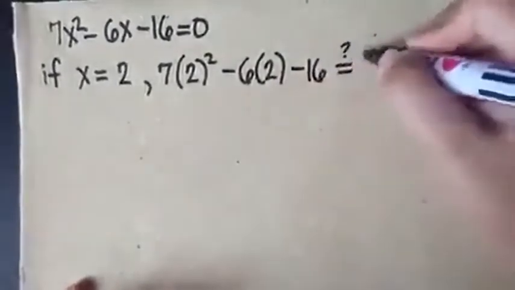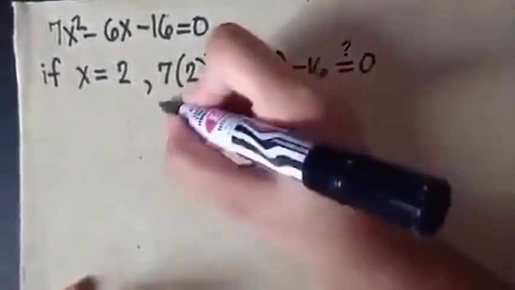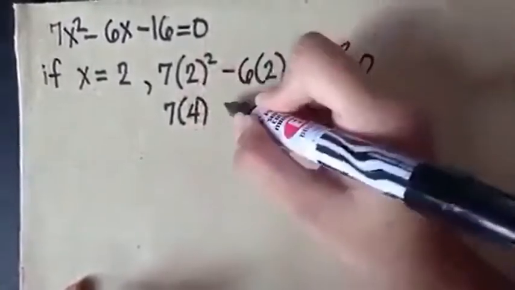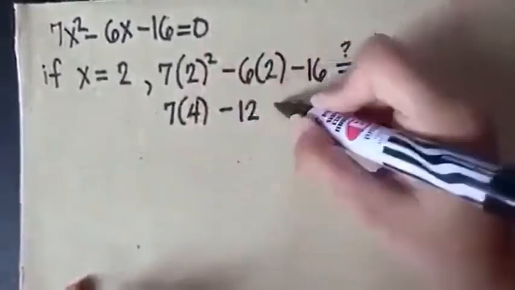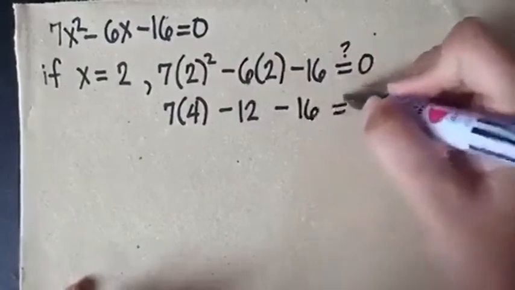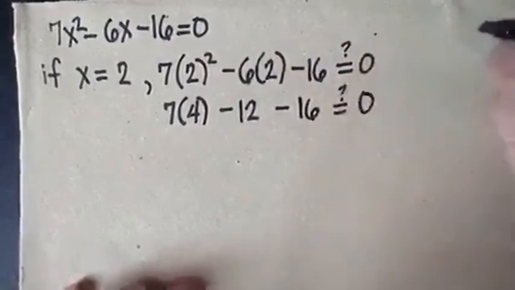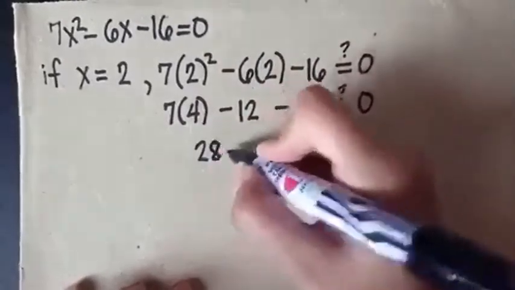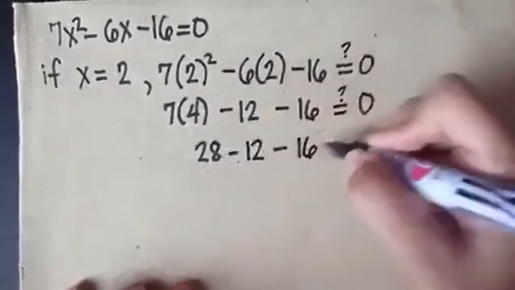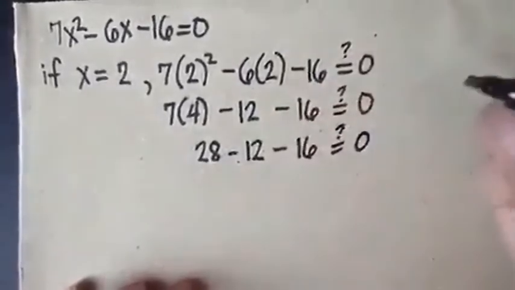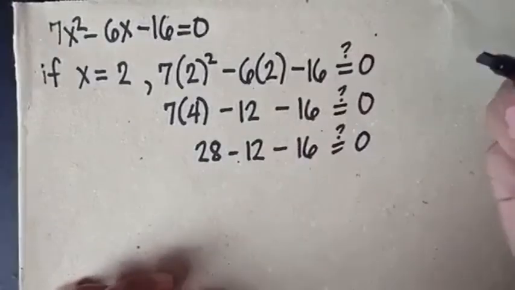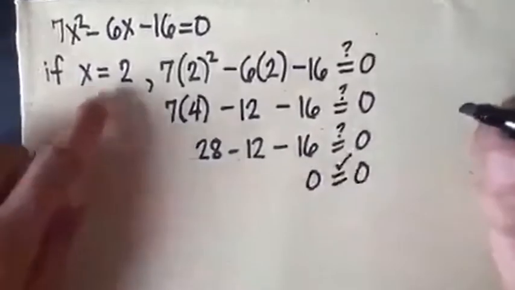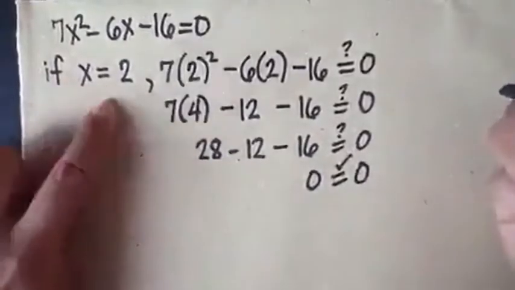Is it equal to 0? 2 squared is 4, negative 6 times 2 is negative 12, minus 16. 7 times 4 is 28, minus 12, minus 16. 28 minus 12 is 16, minus 16. Therefore, 0 is equal to 0. That means 2 is a real solution.